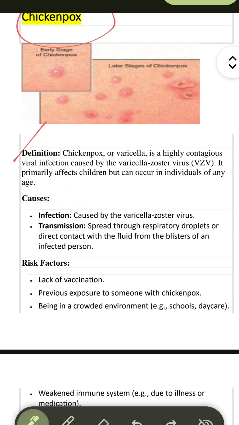So what are the causes of chickenpox? The infection is caused by the varicella zoster virus.